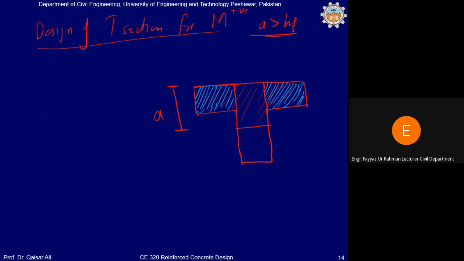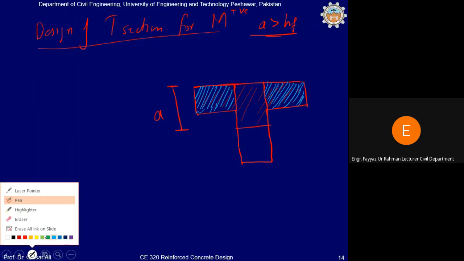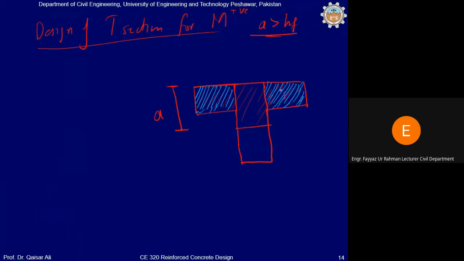Okay. For example, if we denote this area with area 1, okay, and this is area 2, for example.